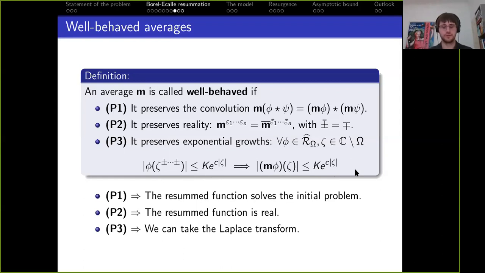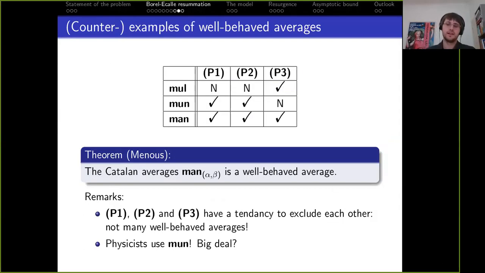So we have the notion of well-behaved average that solves the algebraic and the analytic problem. So the question is, is there a well-behaved average? And it's not very easy. It's very easy to see that the lateral average solves the analytic problem, since there is only one path that contributes. Of course, the bounds will be preserved, but it completely fails to solve the algebraic problem.